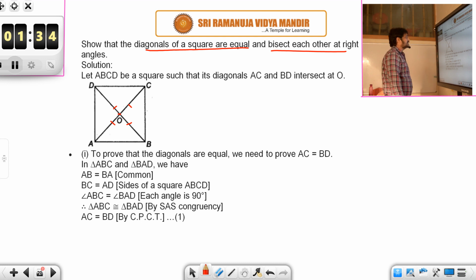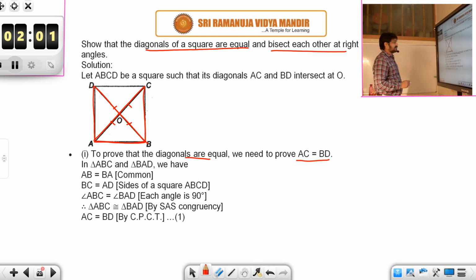To prove the diagonals are equal, we need to prove that AC is equal to BD, right? So consider triangles ABC and BAD, these two triangles with common base BA.